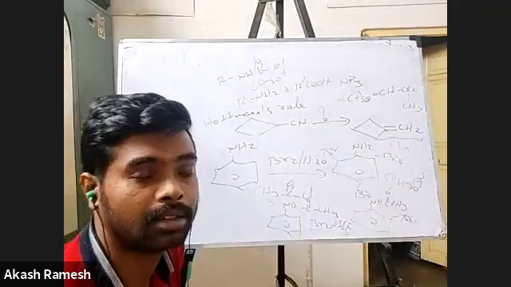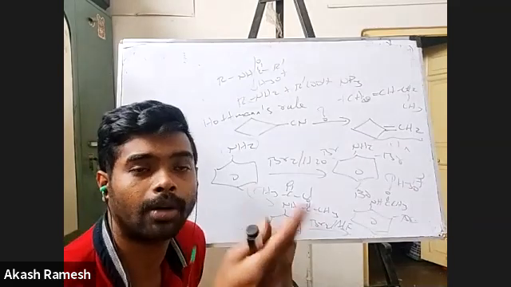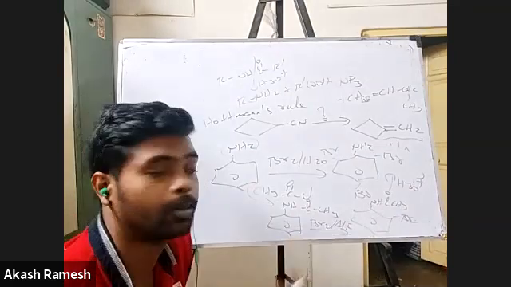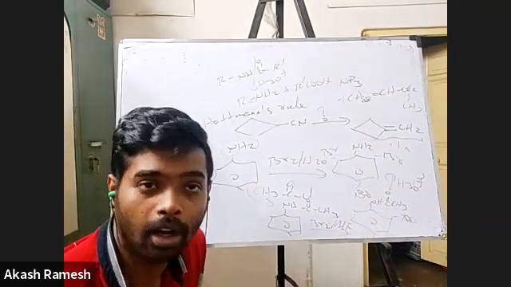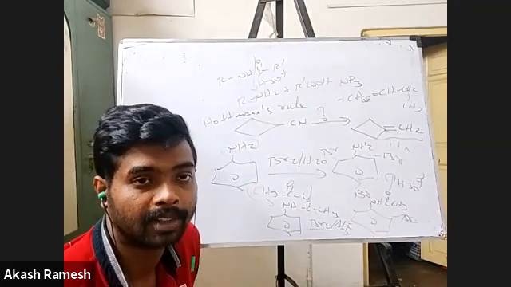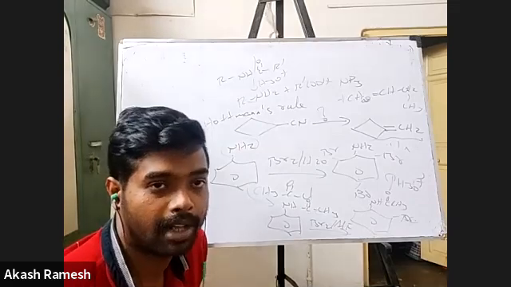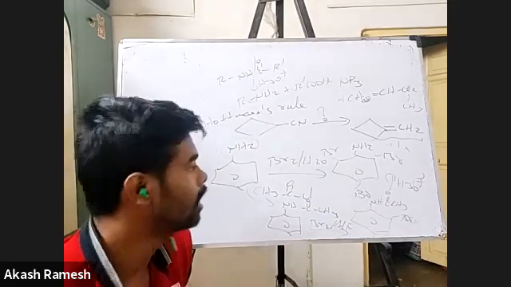Any acid derivative on hydrolysis will give one product along with the carboxylic acid, and in this case that other product turns out to be the amine. If it was an ester, the other product would have been alcohol. If it were an anhydride, both of them would have been acid. So it depends, right? Hope you understood.